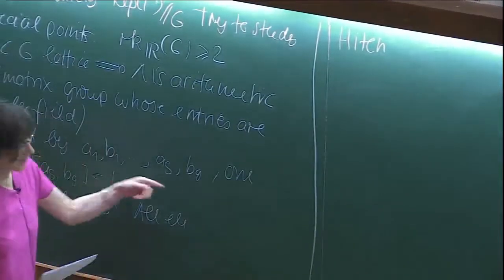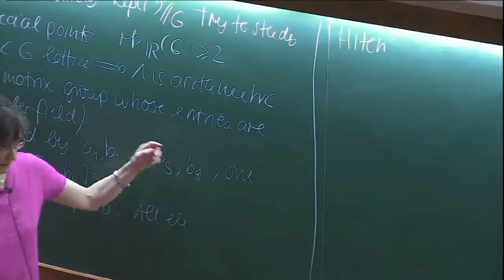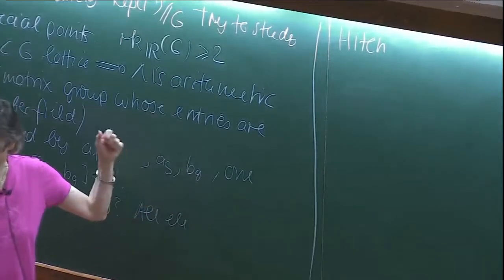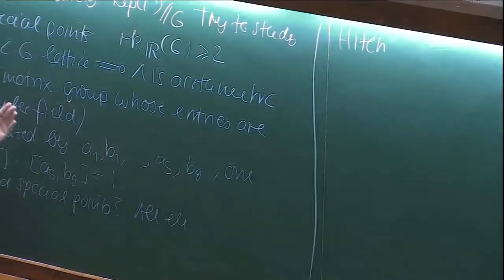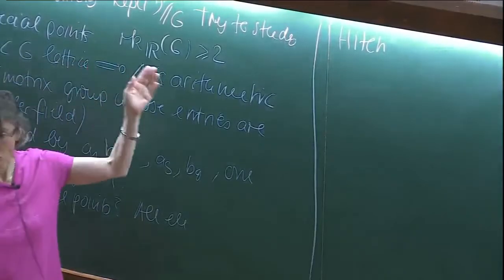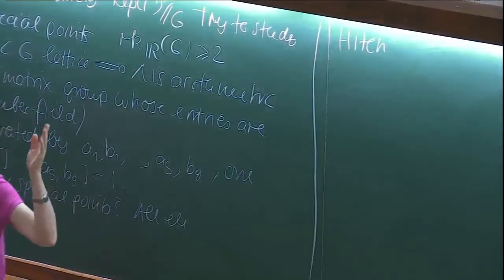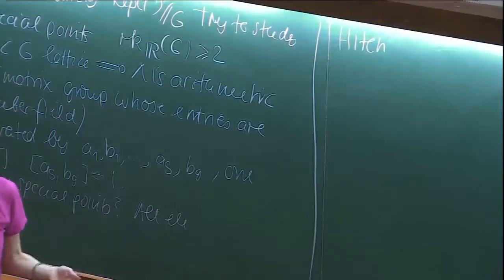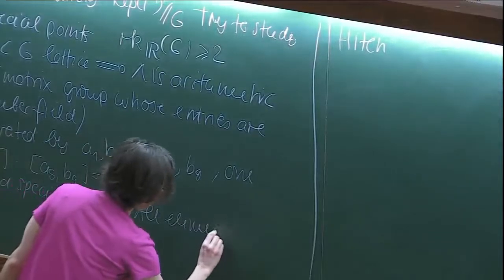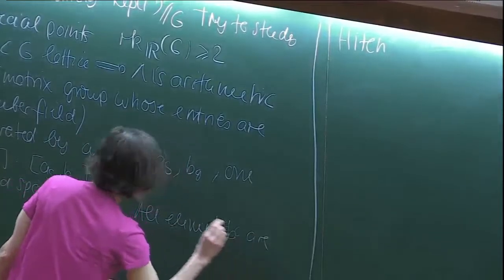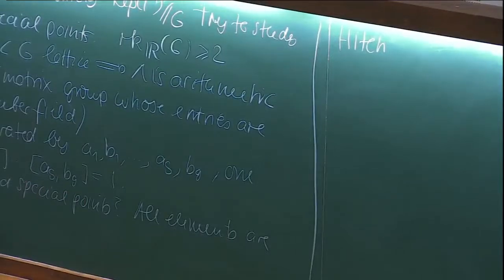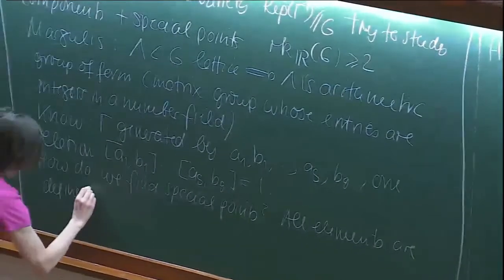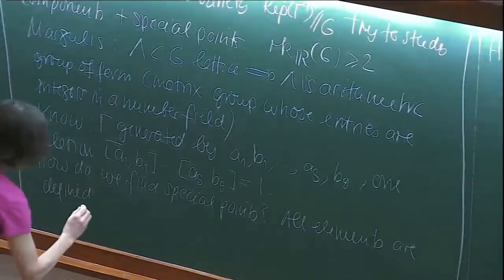So if you put the generators to elements in G that are defined with entries, so we now represent your G as a group of matrices whose entries are defined in this number field, then of course products will also be defined in this number field. So all elements are defined over the same number field. Algebraic number field. It's a finite extension of Q.